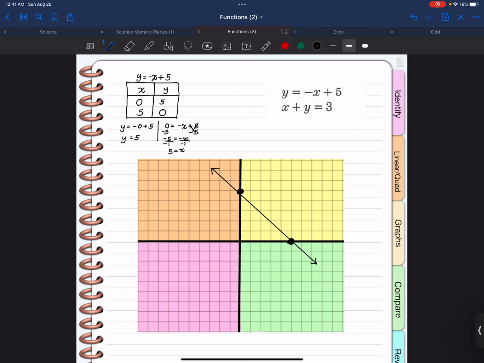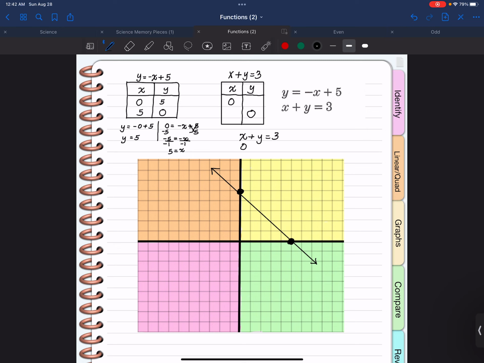So let me do another table of values for the other equation, which is x plus y is 3. I'm going to use the intercepts on this one as well. So when x is 0, and then when y is 0. So x plus y is 3.